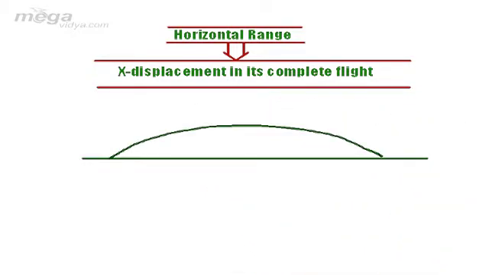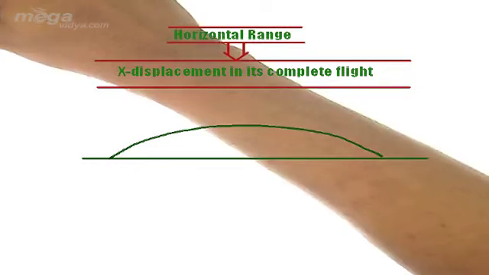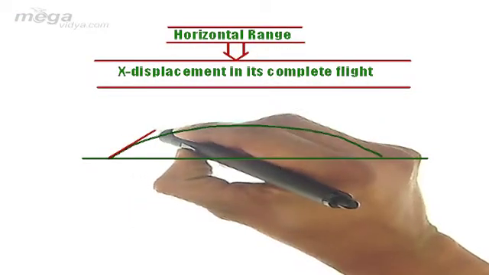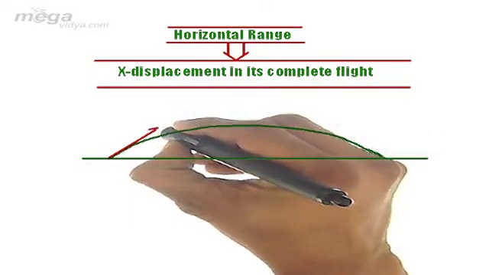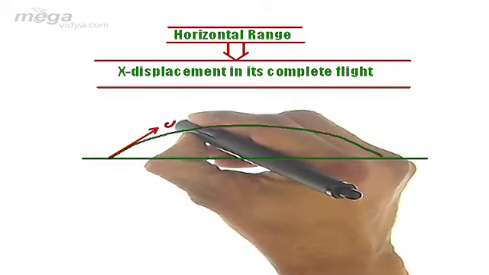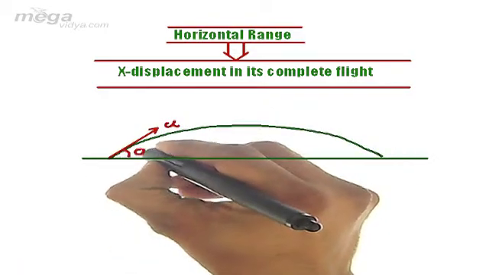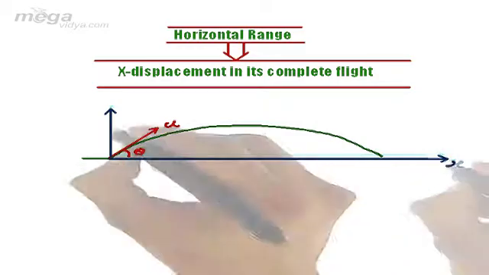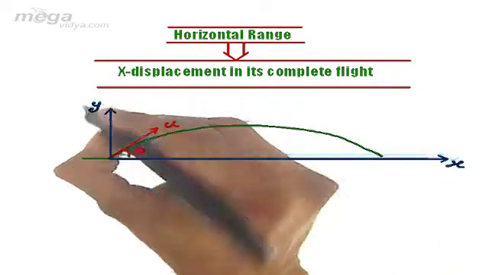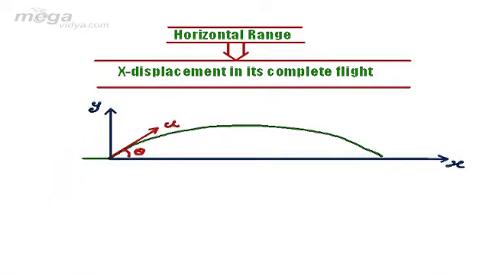If we consider this projectile to have initial velocity, or velocity of projection, u at an angle theta with the horizontal, then by taking x and y directions along horizontal and vertical respectively, we can easily resolve its motion into two independent motions along x and y directions, as we have done earlier also.